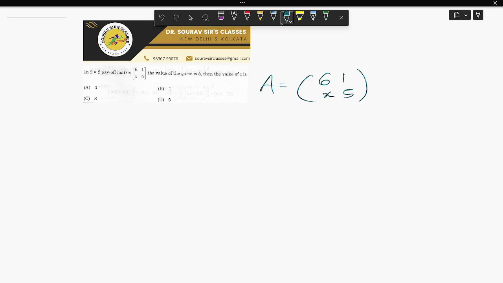So now we are going to understand the value of the game. For a 2 cross 2 zero sum game, the value of the game is determined using maximin and minimax principles.